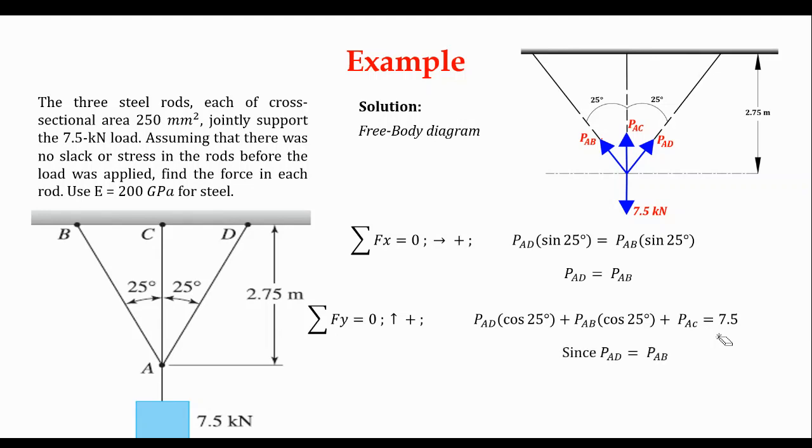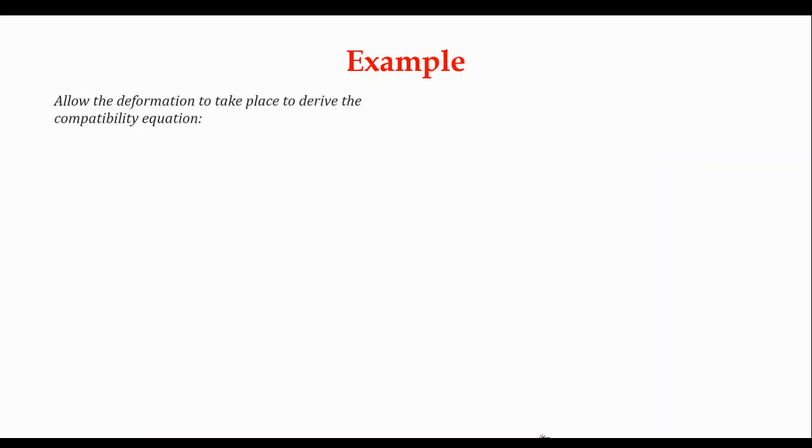Since we already established that force in AD is equal to force in AB, then substituting, we get equation 1, in which the unknowns are AB and AC. Alright? So, this is indeterminate, because even if we apply an equation, we cannot get a single unknown. Very good.